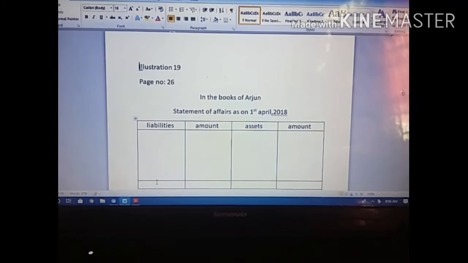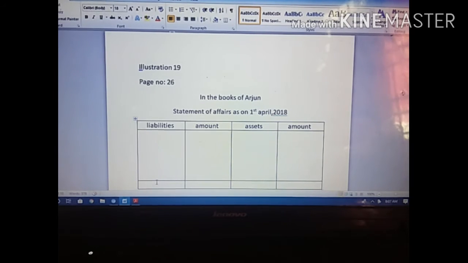Then we have two separate amount columns, one is the inner column, another is the outer column. If we have any adjustment, we use the inner column. After adjusting the amount, you post the main value to the outer column.